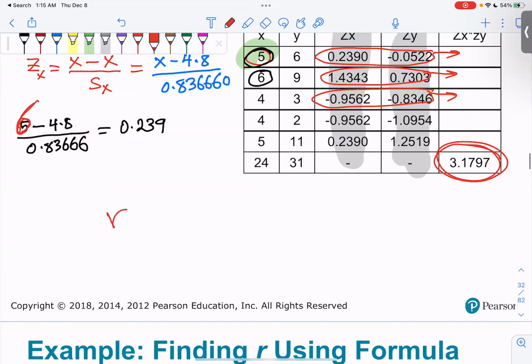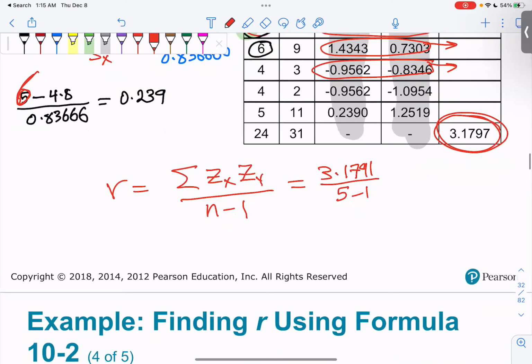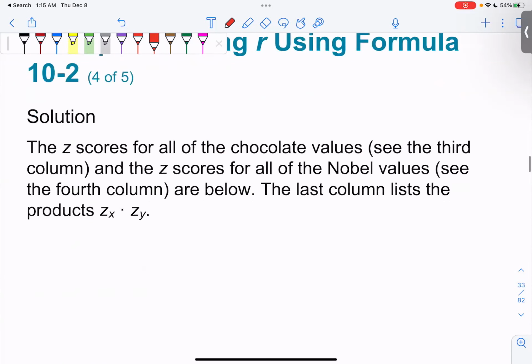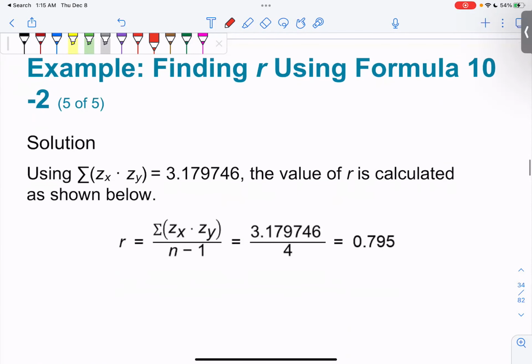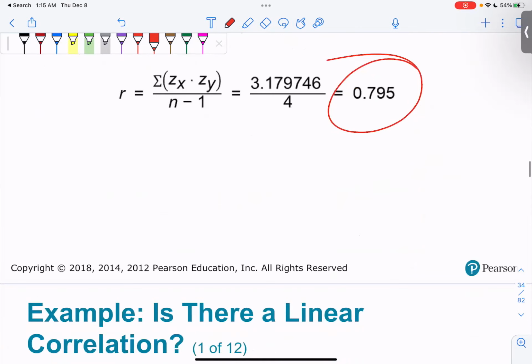So R will equal summation zx times zy divided by n minus 1, which is 3.1791 divided by 5 minus 1, which is equal to 4. Then you will find this value of the correlation, which is exactly the same value we found. Okay.